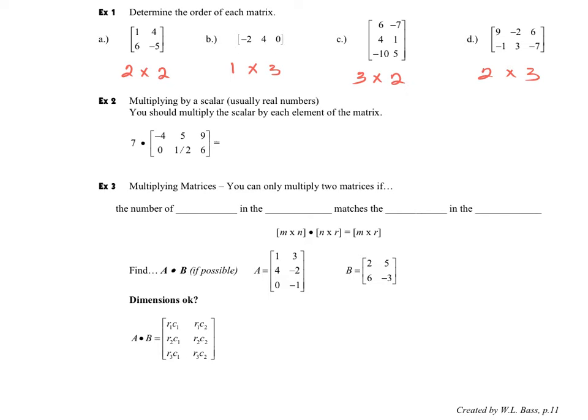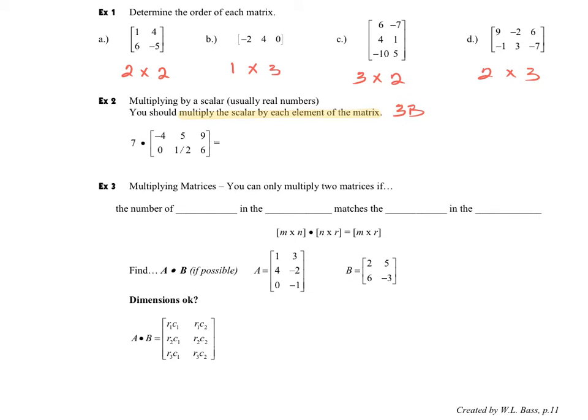Now, our next example, example 2, multiplying by a scalar, really just means multiplying by a number. We actually did this in our previous lesson the other day. All that we need to do here is multiply whatever scalar is on the outside by every element in the matrix. We saw this the other day when we wrote things that maybe looked like 3B, where B was some matrix that we had.